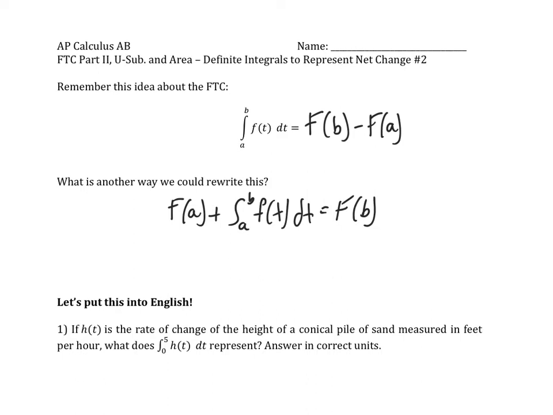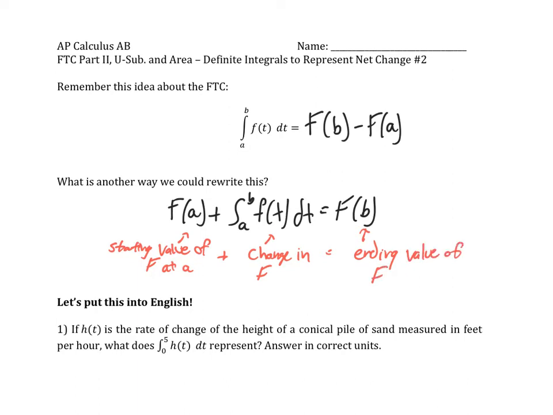Well, the implication here is that the value of capital F at a, or the starting value, plus the change in F is going to equal your ending value of F, which in this case is at b.